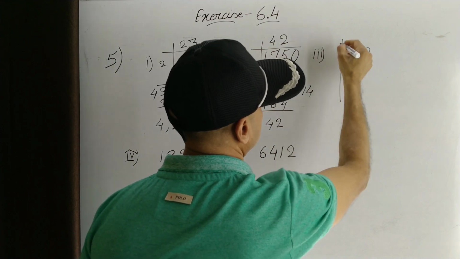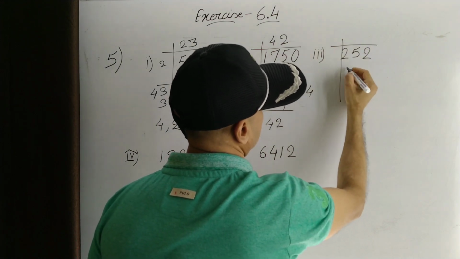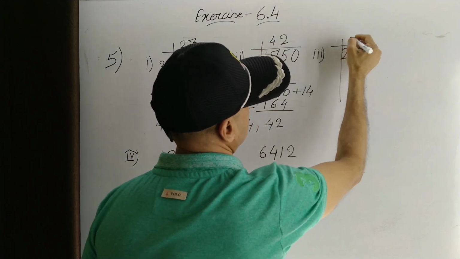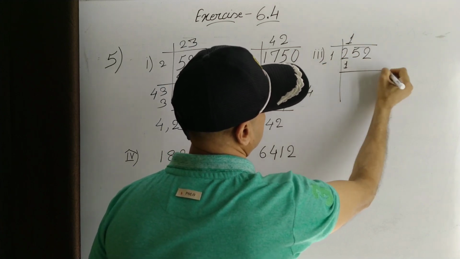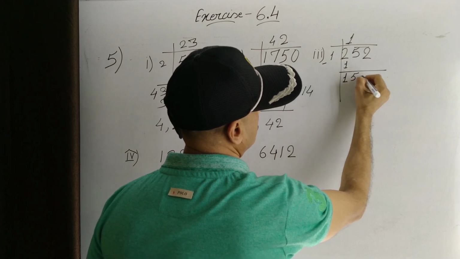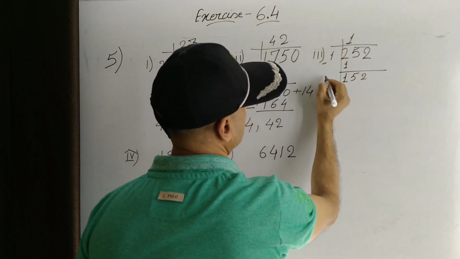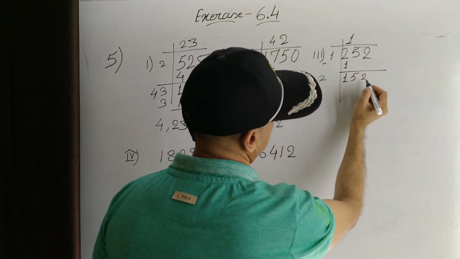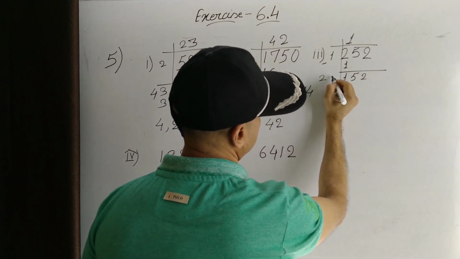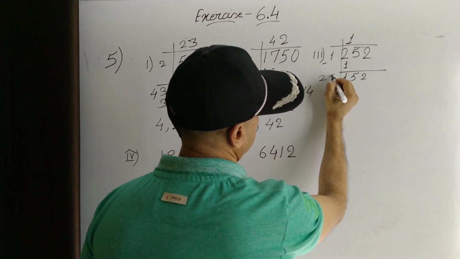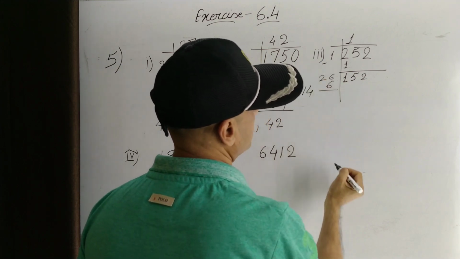So this we take, we'll take 2 here, so 1, 1, and here also 1. So we'll have 152, and 2 into 1, 2. So if we take 6, we have 26.